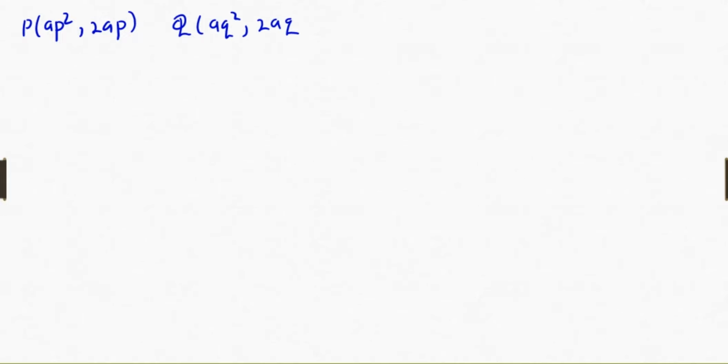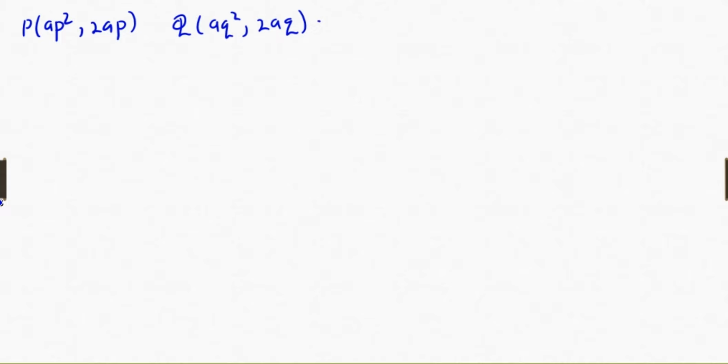Remember, our P is located at ap squared, then 2ap, and our Q is located at aq squared, then 2aq. So we want to get the midpoint, first of all at x, then at y.